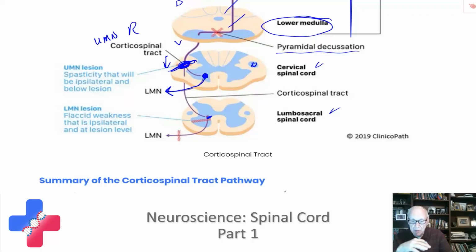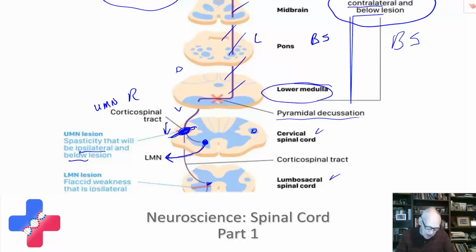So if you have a spinal cord lesion of upper motor neurons, what is your lesion? It's going to be ipsilateral and below. So again, what's the difference between a brainstem lesion and a spinal cord lesion of corticospinal tract? Brainstem is below contra, cord lesion is below ipsilateral.